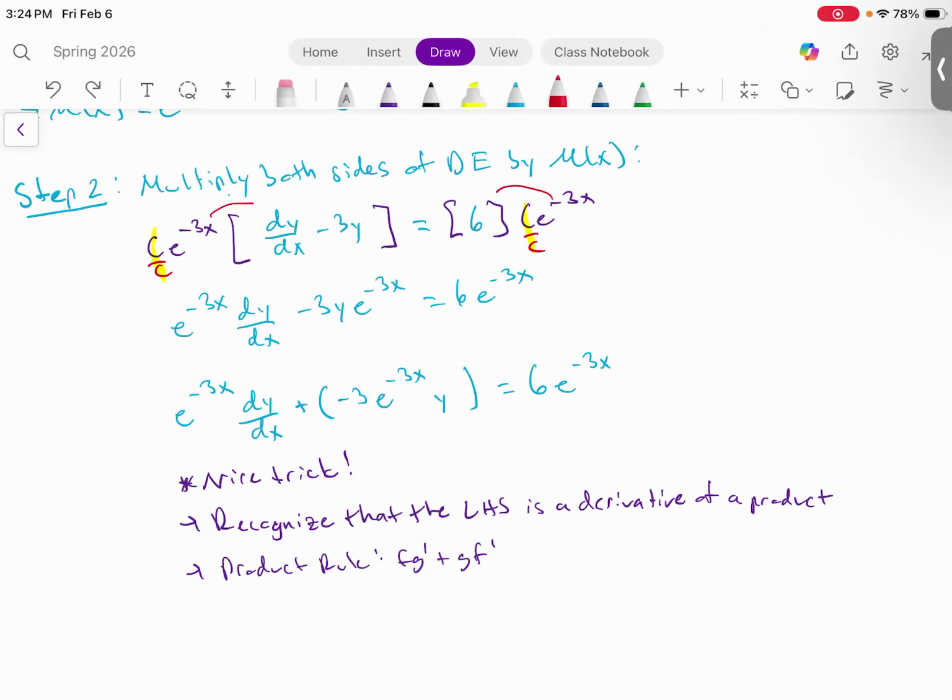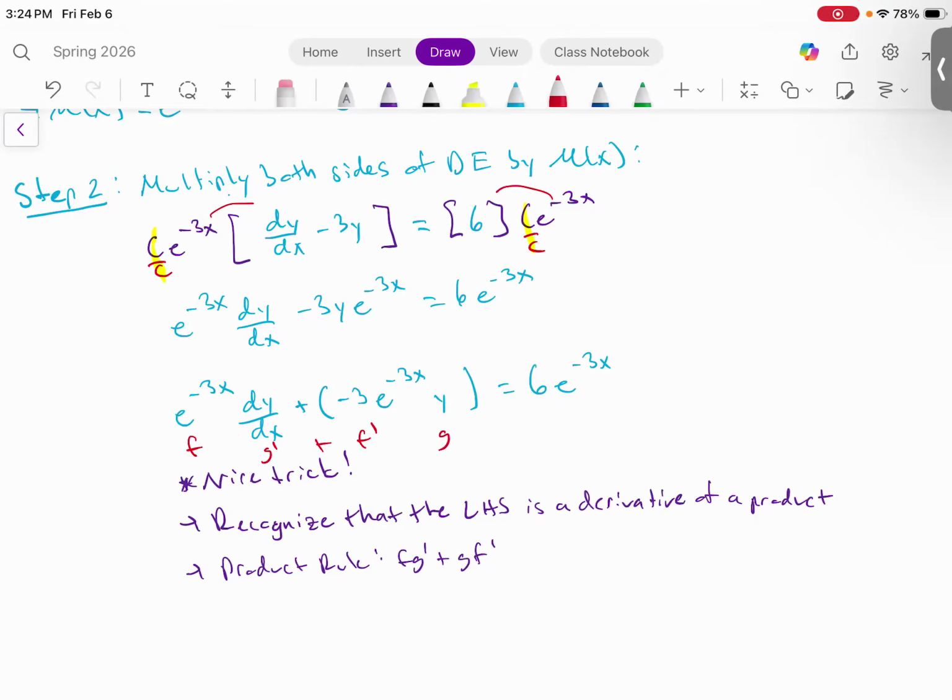That's its derivative. And the derivative of y is going to be dy over dx. So essentially, we have a product rule here. We have f, we have g prime, we have f prime, and we have g.